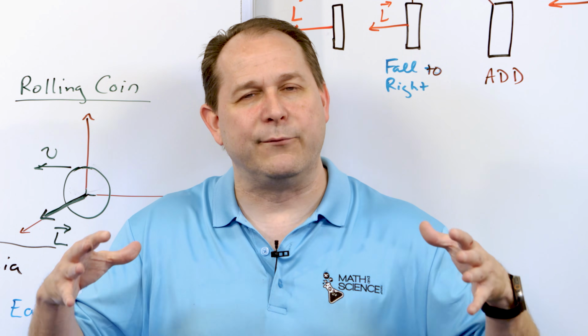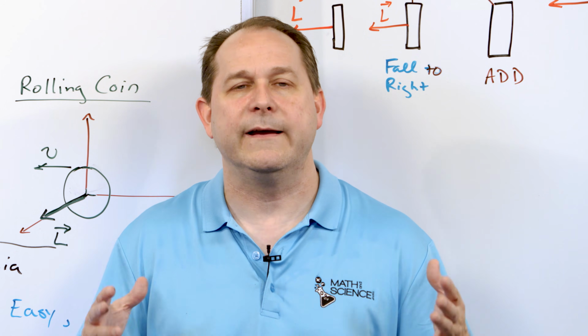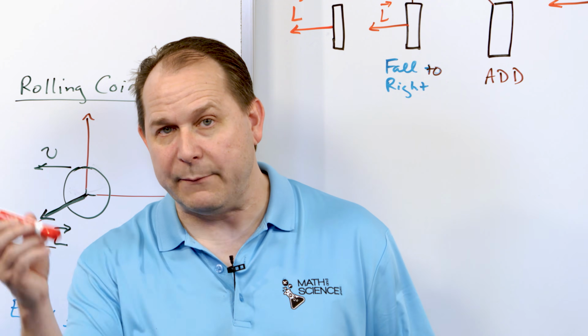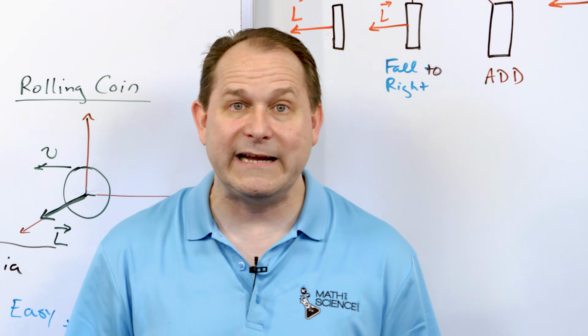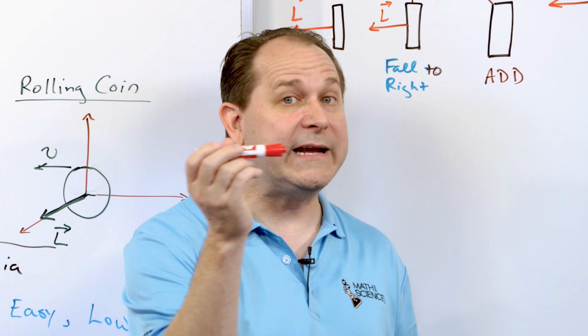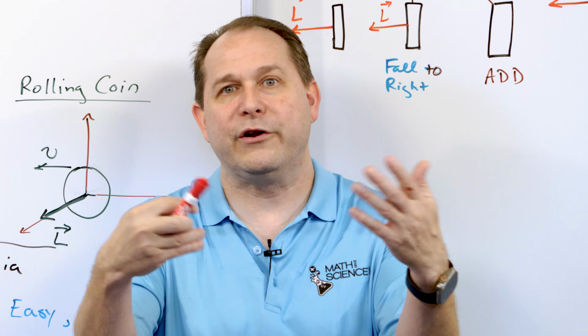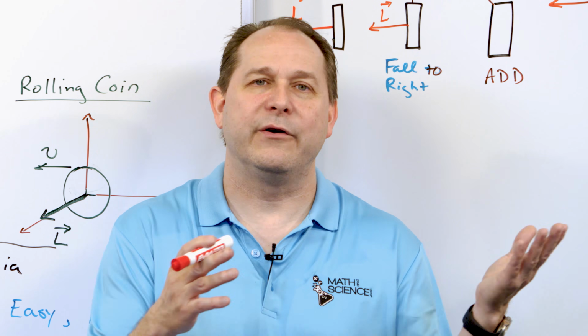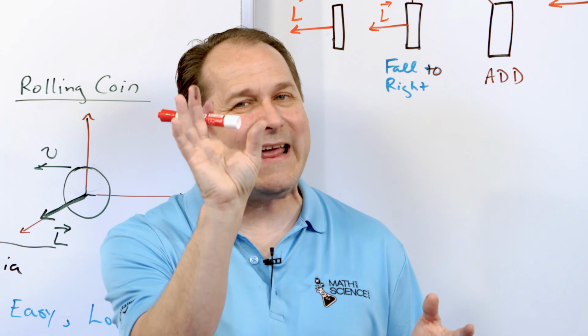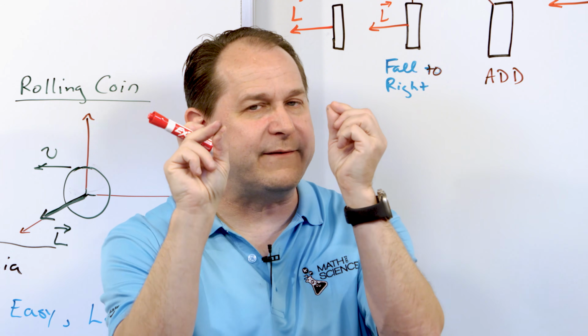But I think at this level, the best description is just to say that rotating objects have an angular momentum vector, just like objects moving in a straight line have a linear momentum vector. And just like there is a law of conservation of linear momentum, you could ask, where does that come from, right? Then there is an equivalent law of conservation of angular momentum, because at the end of the day, when things are rotating, they all consist of atoms moving.